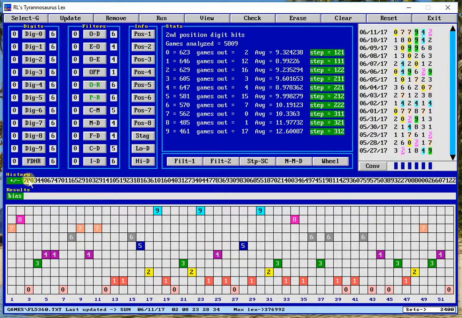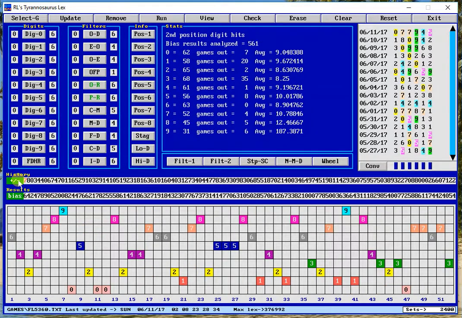7803440, 783, 7803440. The way I look at it is if you click on the history, it will show you the biased results of what generally follows these numbers.